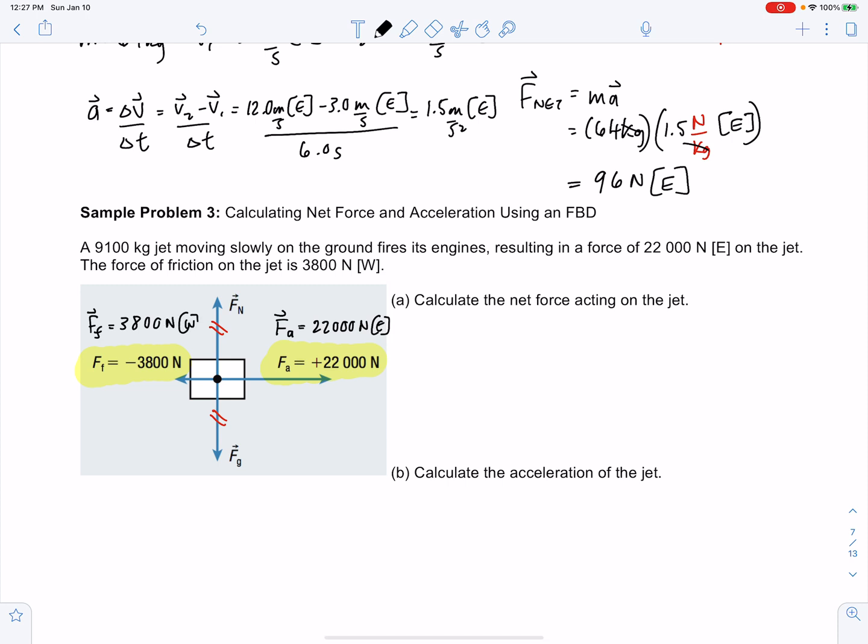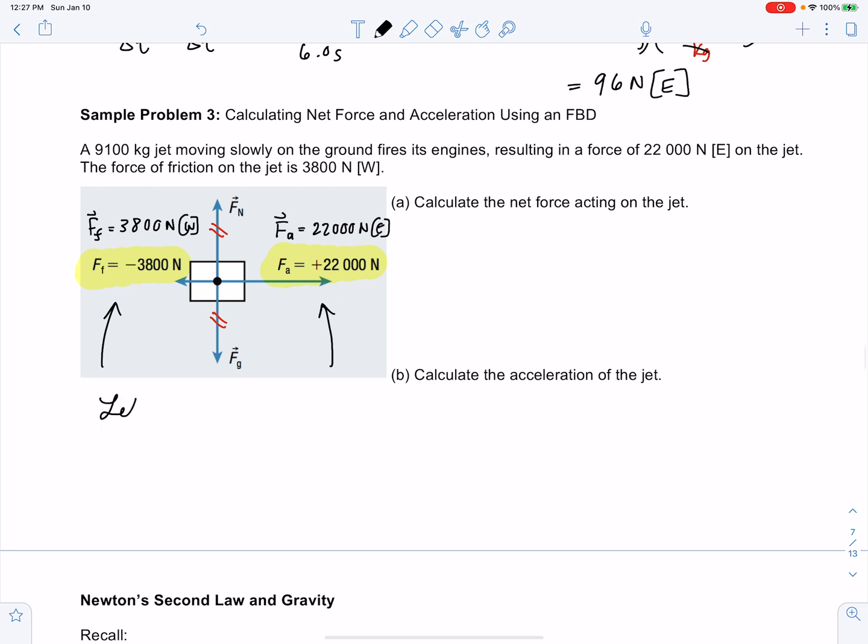So in this example, the author has used a sign convention. They have let east be positive, therefore west will be negative.